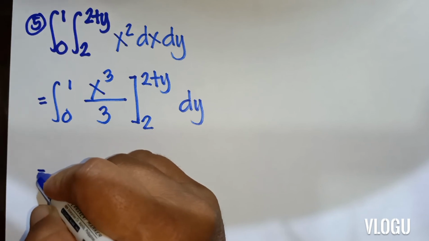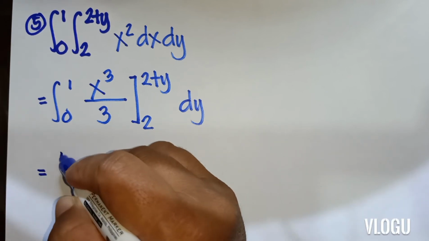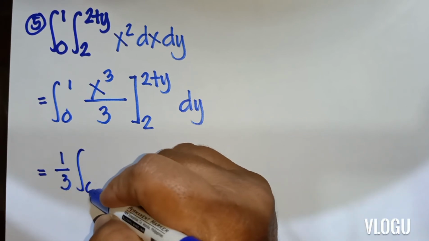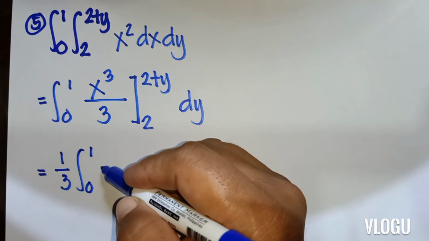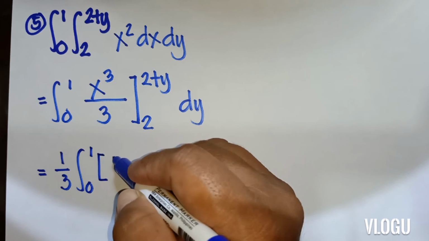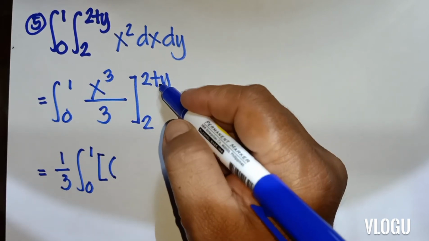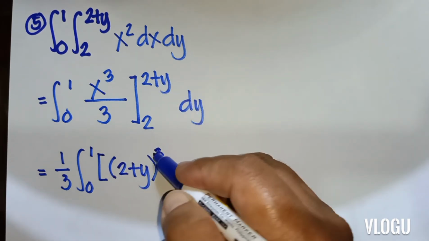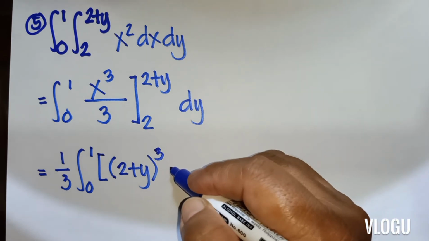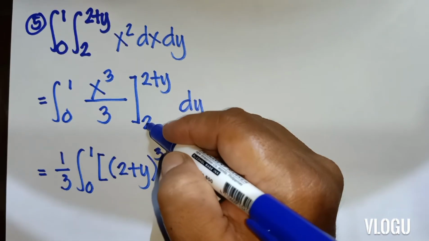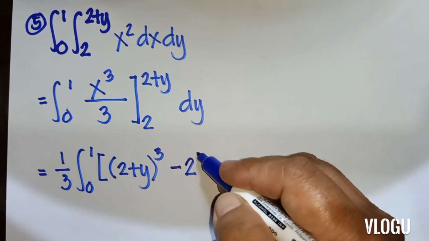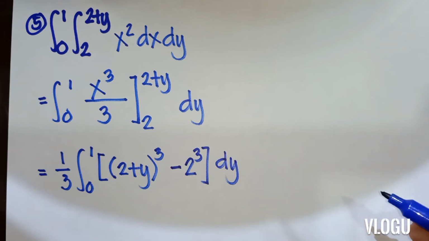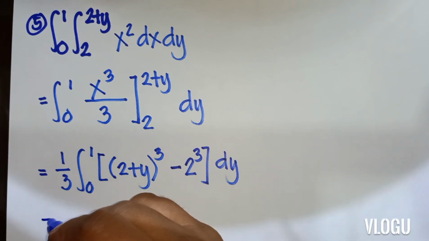We will have 1/3, 0 to 1, x cubed upper limit, that is 2 plus y cubed, minus x cubed lower limit, that is 2 cubed, dy.